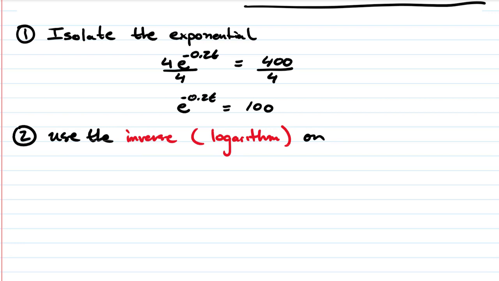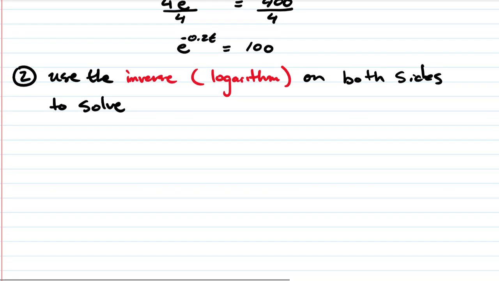On both sides to solve. So in this case, our exponential is base e, and remember e is Euler's number, and the logarithm with the base e is the natural logarithm, so we're going to do the ln of both sides.